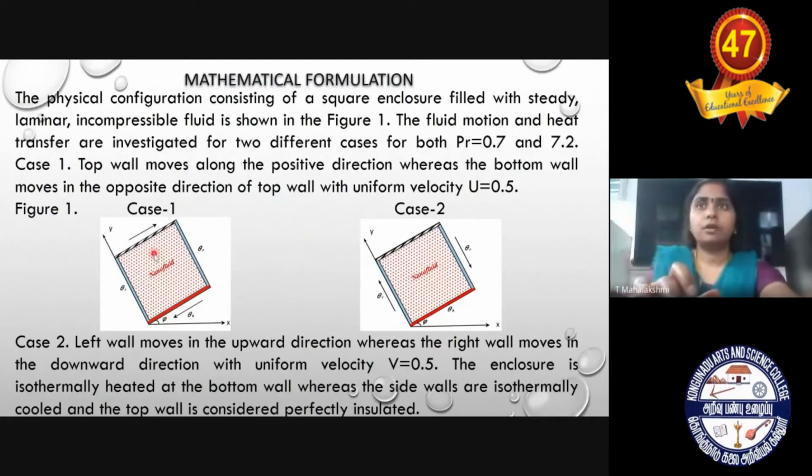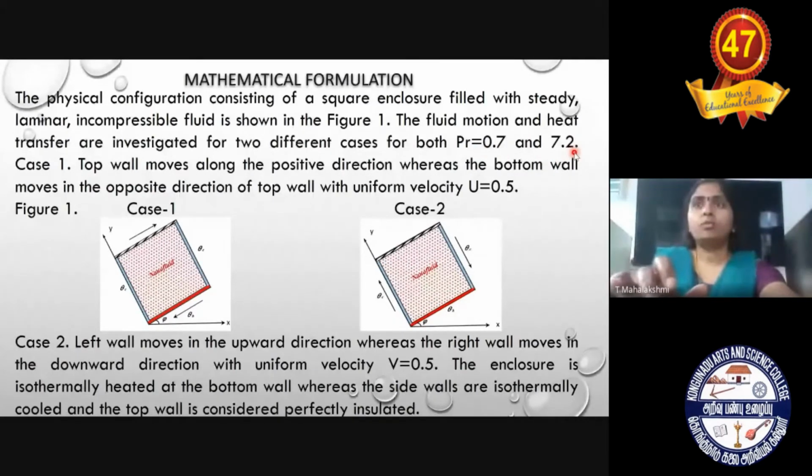And in both cases, the enclosure is filled with titanium dioxide nanofluid with two different base fluids. Pr equal to 0.7 represents the base fluid air, and Pr equal to 7.2 represents the base fluid water.